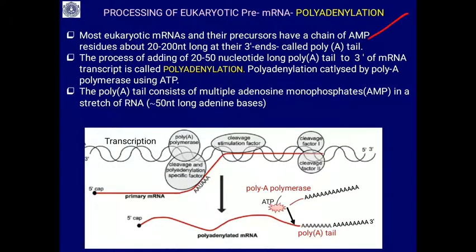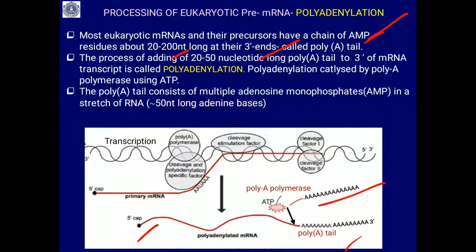Next, polyadenylation. Most eukaryotic mRNAs have a chain of adenosine monophosphate residues, about 20 to 200 nucleotides in length, added to the 3 prime region. At the 5 prime end there is a cap, and at the 3 prime end there is a poly A tail.